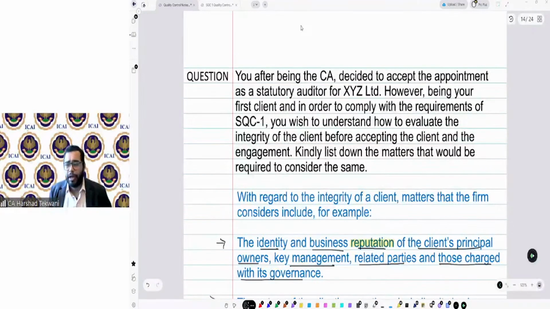That is something I'm looking for here. How will you check? That is very important to understand.